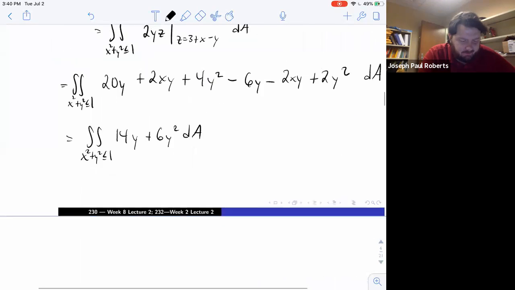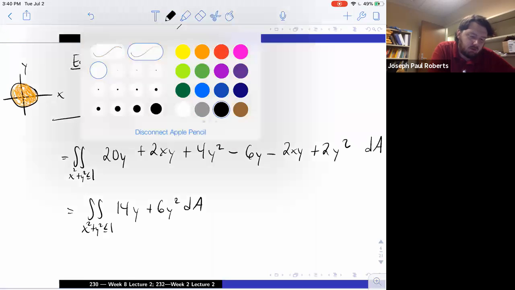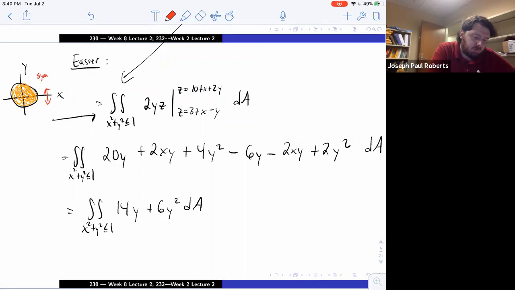And so now at this step, we could do a little trick that I showed you yesterday: this disk, x squared plus y squared less than or equal to 1, I'll use red, is symmetric over the x-axis. And the term 14y is odd with respect to y.